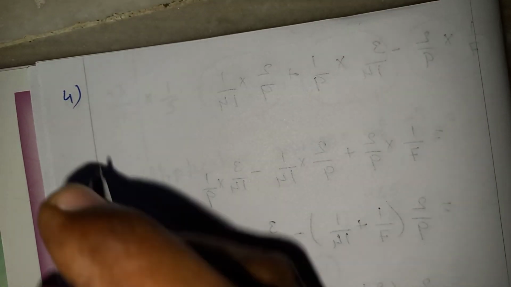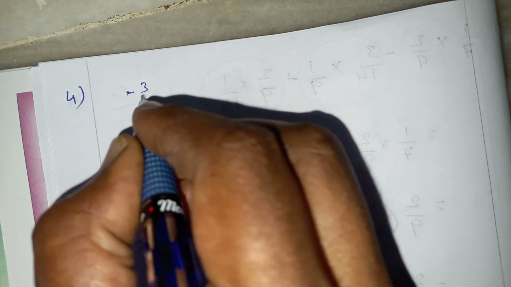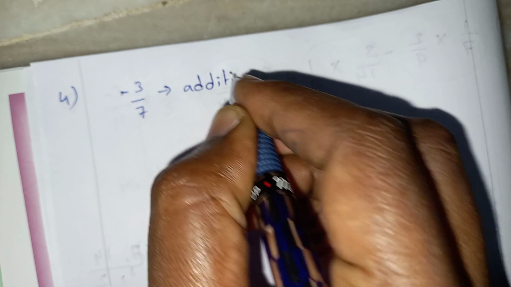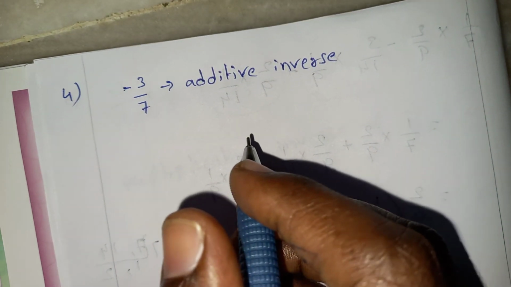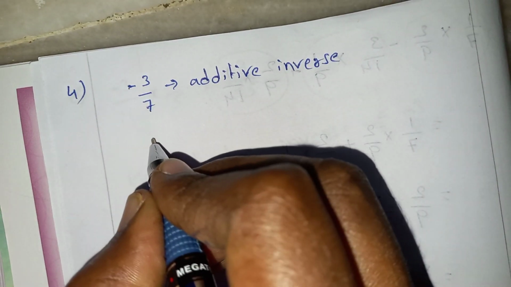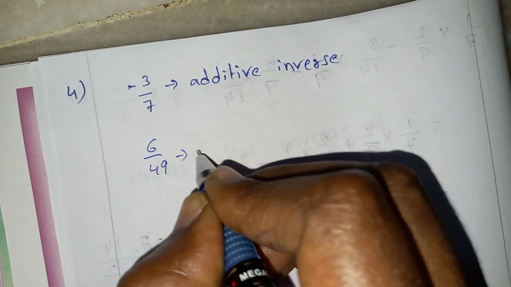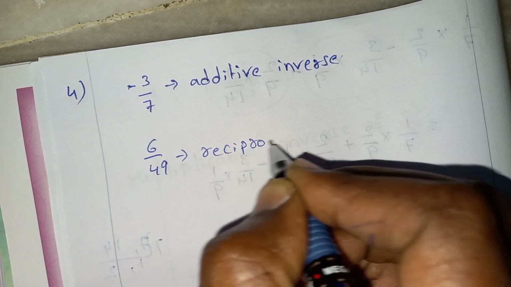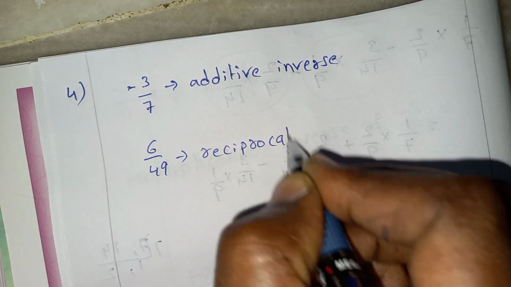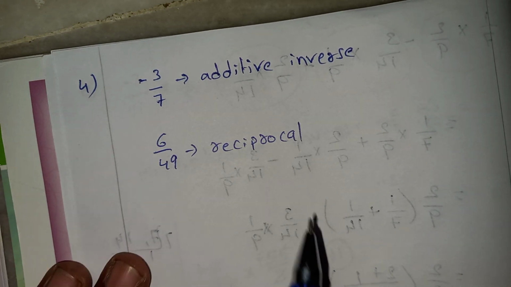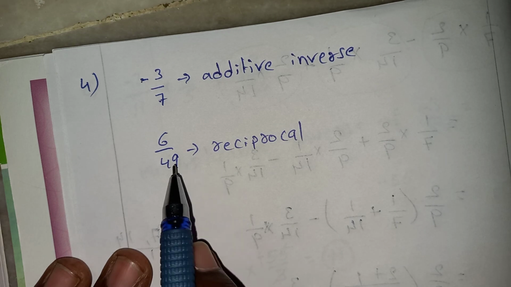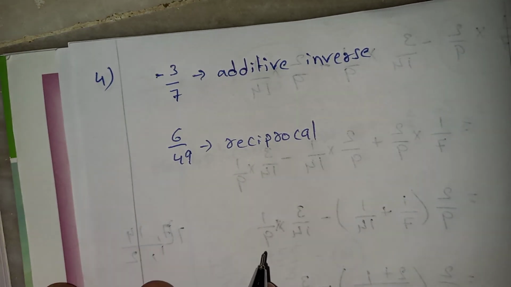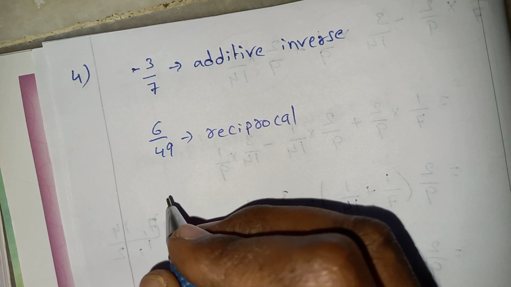Multiply the additive inverse of minus 3 by 7 with the reciprocal of 6 by 49. What they are saying is that this number's additive inverse should be multiplied with the reciprocal of this number. It's very easy. Don't take it tough.